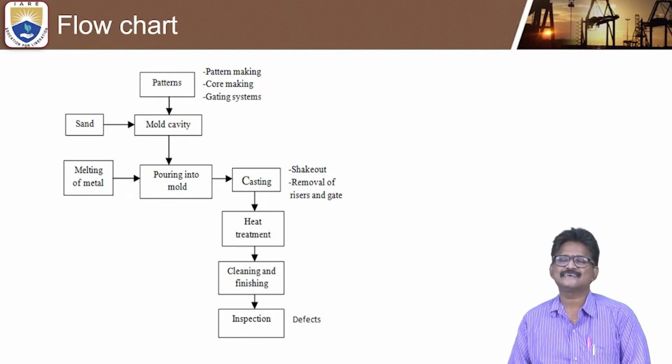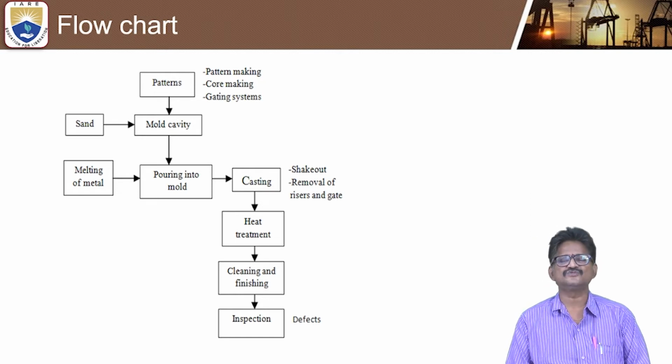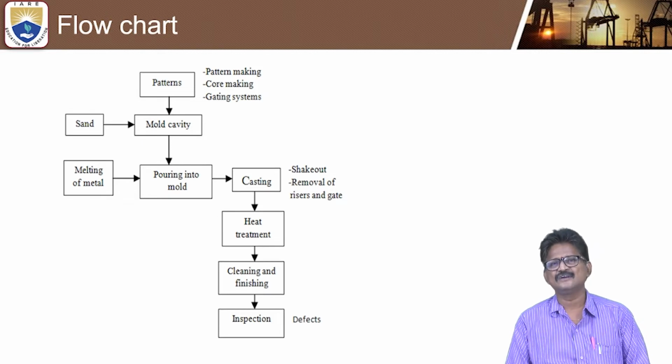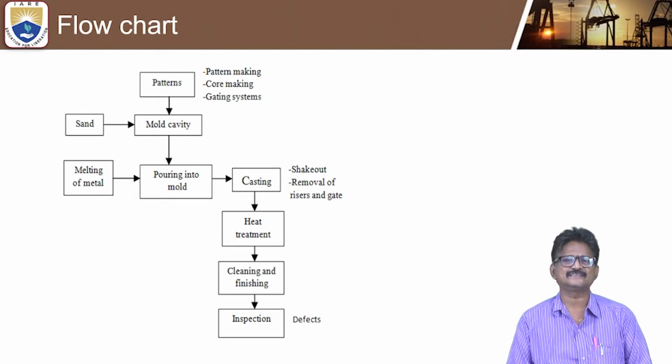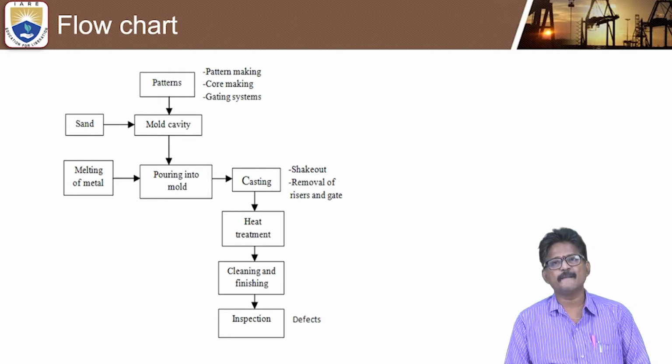Now let us see the complete steps involved in this casting process, metal casting, also called the sand casting process. Any mechanical engineering student should first understand these components. The first steps are pattern making, core making, and the gating system.